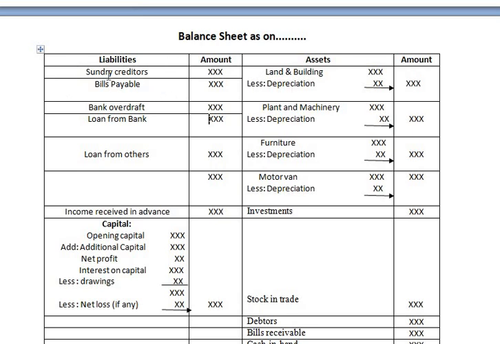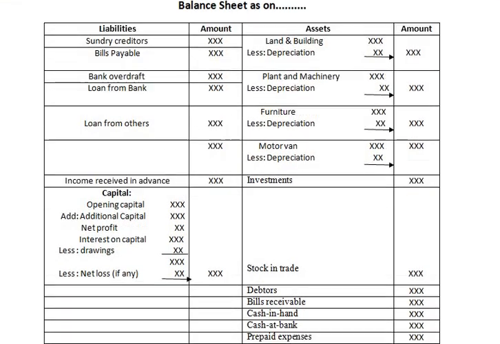To the liability side, you have first sundry creditors, and then you write down the amount, bills payable amount, bank overdraft. Any bank overdraft given in the problem comes to the liability side of the balance sheet, because bank overdraft is a liability. Loan from bank is a liability.